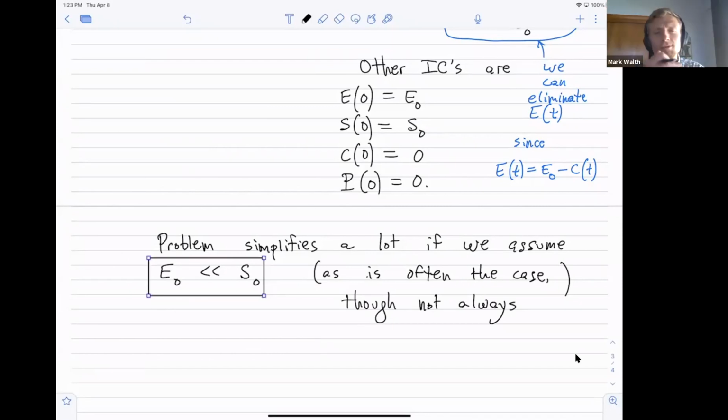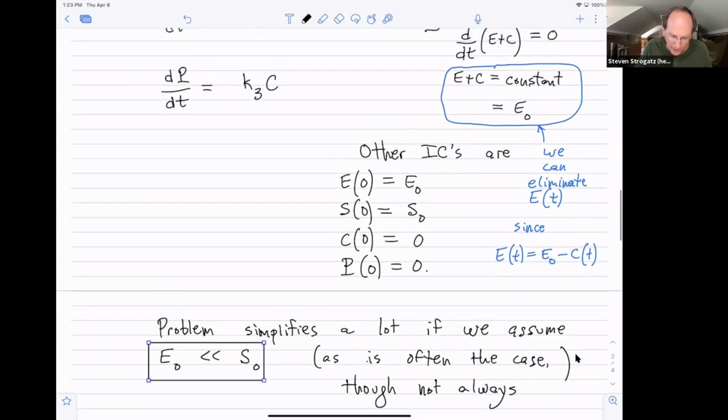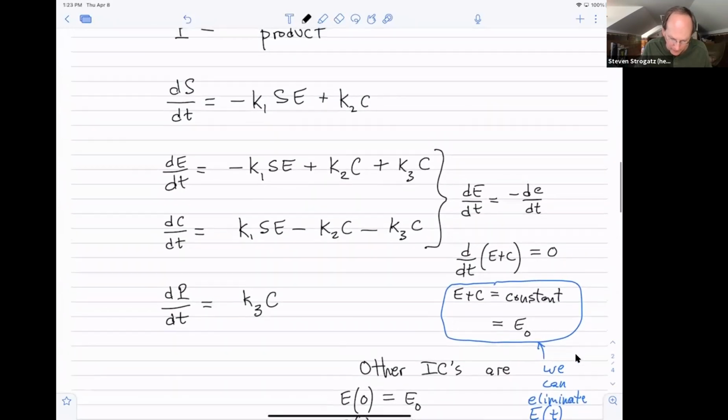Can I ask a question? Sure. Does the system have any kind of conserved quantity that would correspond to conservation of mass of the chemical reaction? Oh, yeah. Sure, definitely. So we had that conservation law that we just noticed about enzyme, but I think you could add everything.